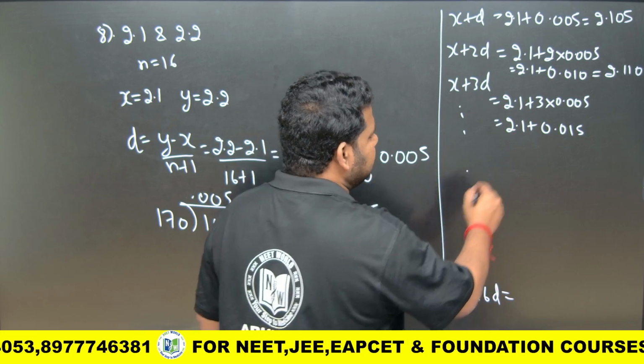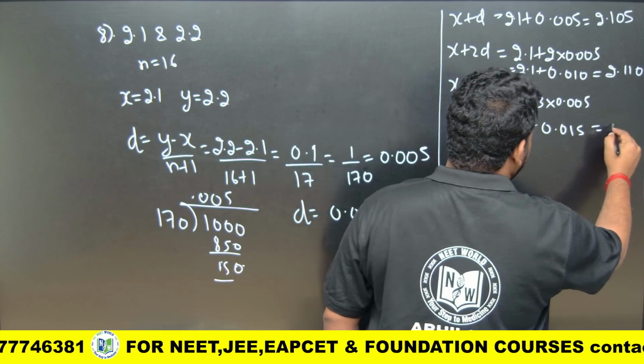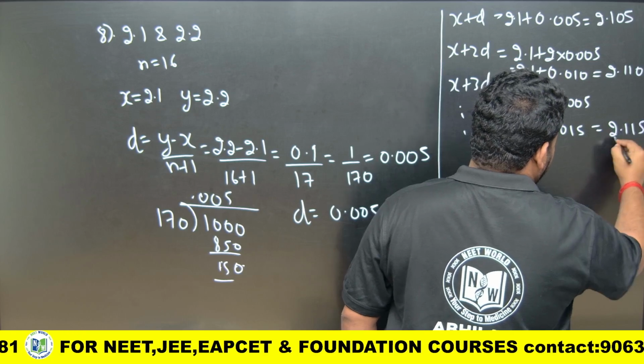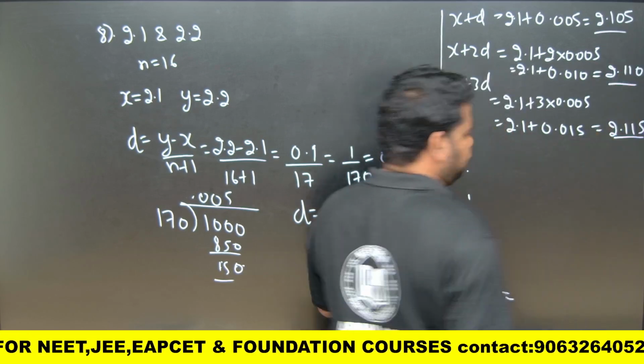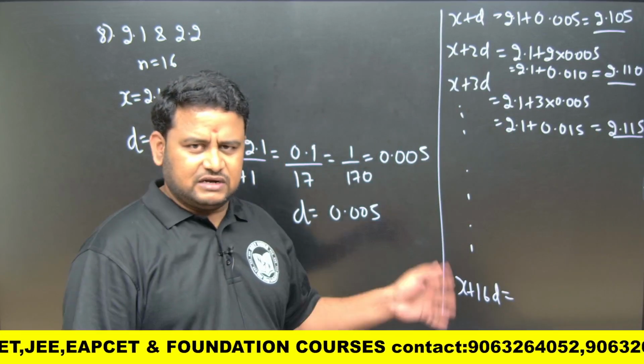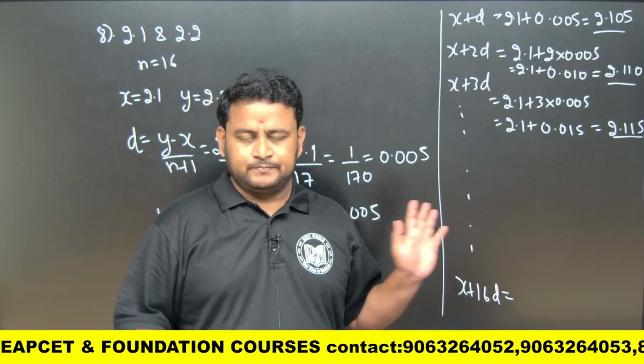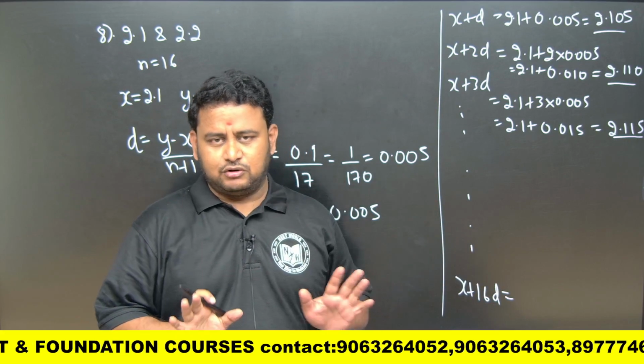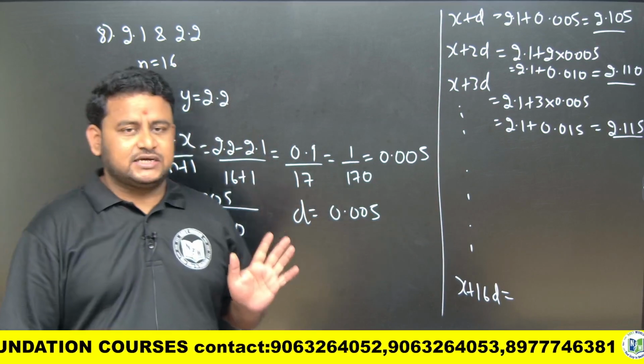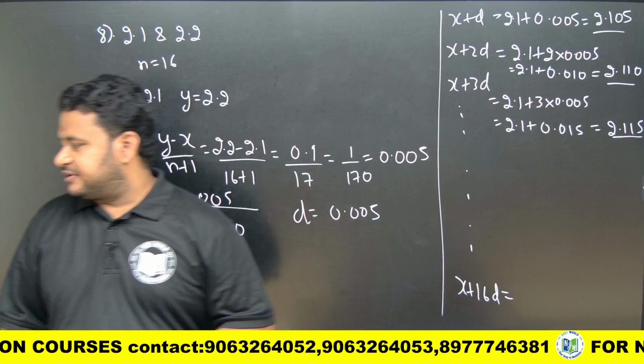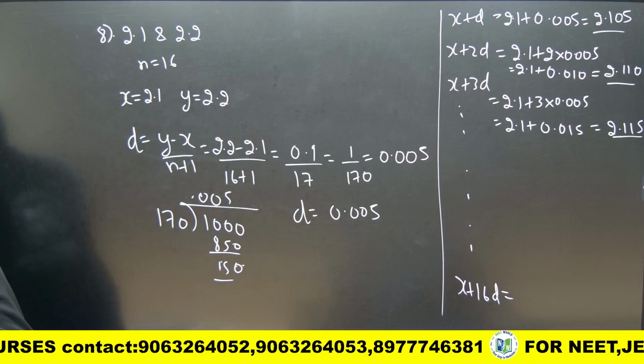So 2.1 plus 0.015 gives me 2.115. Like this you can find x plus 4d, 5d, 6d, up to 16d. You understood the method. I hope you understood the method. This is the way we can solve this question.